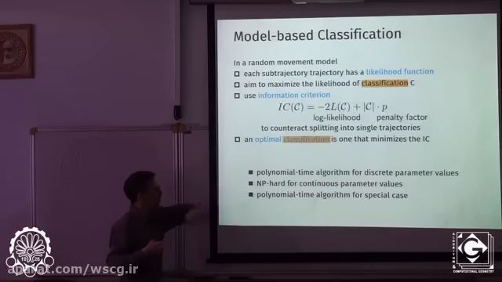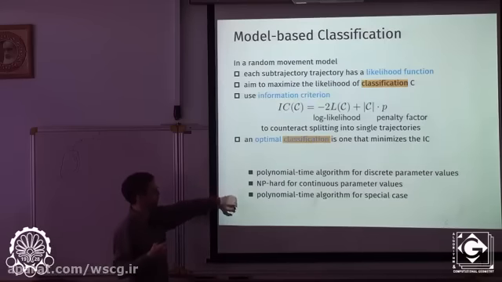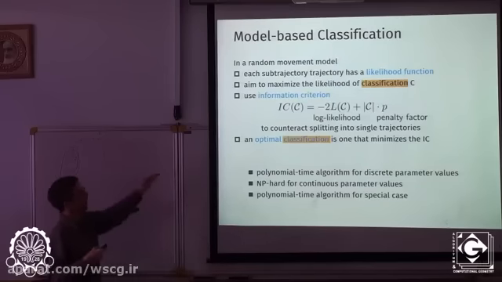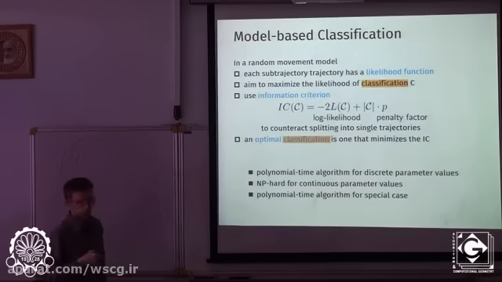The general problem is NP-hard, but I'm not going to show you the proof here today. But under reasonable assumptions on how the log likelihoods look, we can actually get again a polynomial time algorithm. And this is what I'd like to focus on in the last 5 minutes.